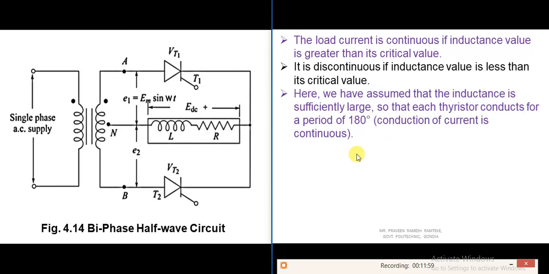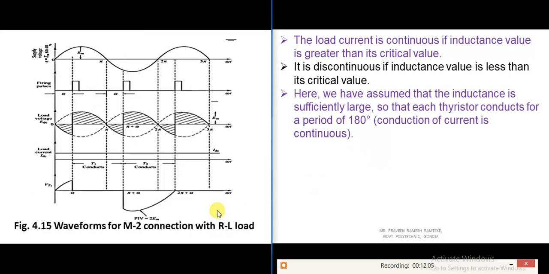Here we have assumed that the thyristor conducts for a period of 180 degrees. If you look at the waveform, we are considering the SCR will conduct for the full positive half cycle, that is from 0 to pi, 180 degrees, and the conduction current is continuous.